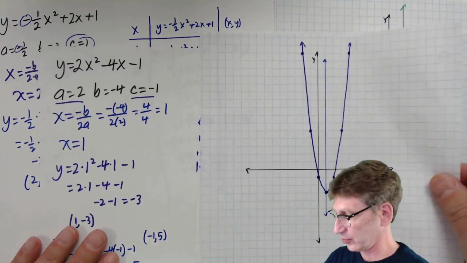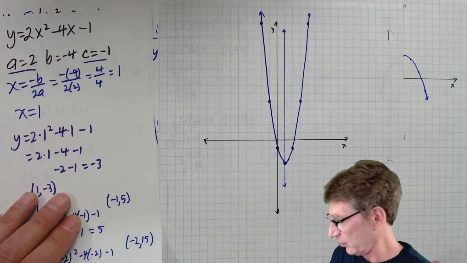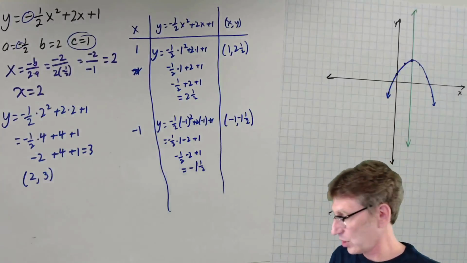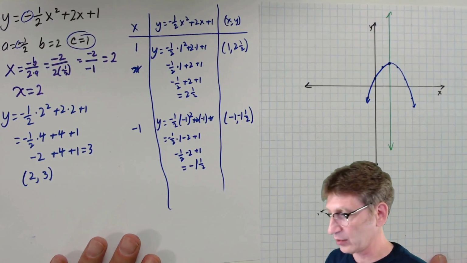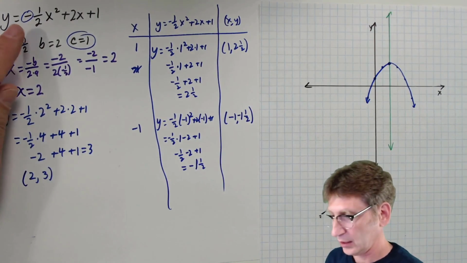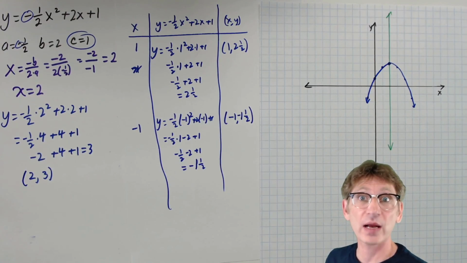When a has an absolute value smaller than 1, it is a wider parabola. And the negative reflects it. That is how you graph a parabola when you have a quadratic function in standard form.